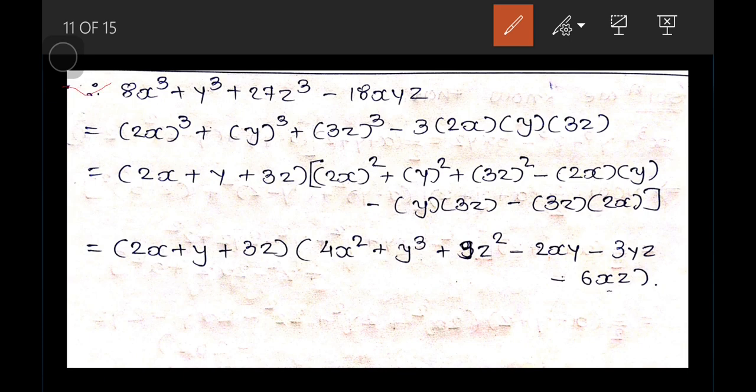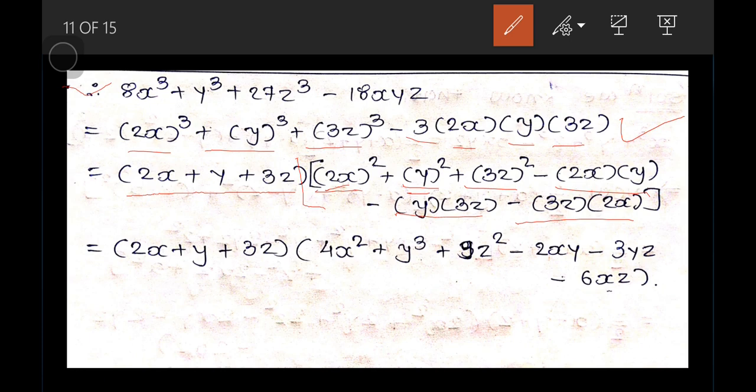We can write this expression as (2x) cube plus y cube plus (3z) cube minus 3 into 2x into y into 3z, and with the help of identity number 8, that is (a plus b plus c), that is (2x plus y plus 3z), in bracket the square of the first term, square of the second term, and square of the third term, minus the product of first and second, product of second and third, and product of third and first.